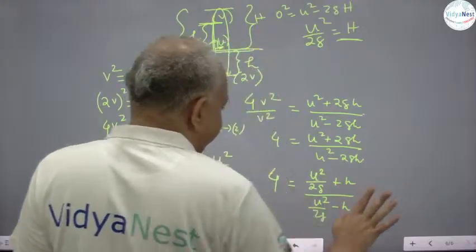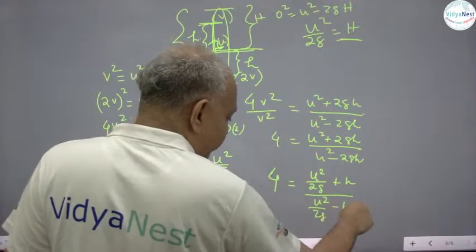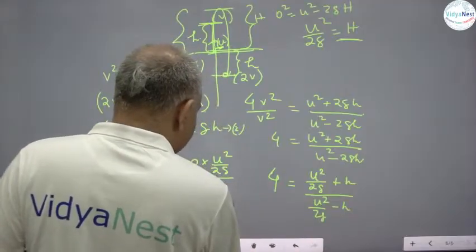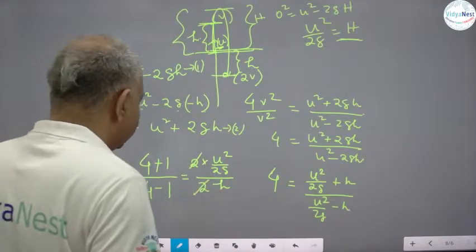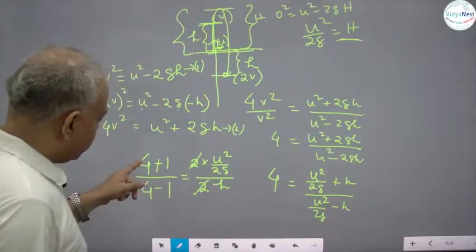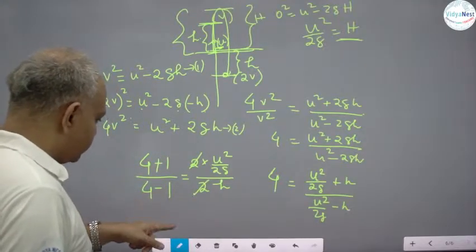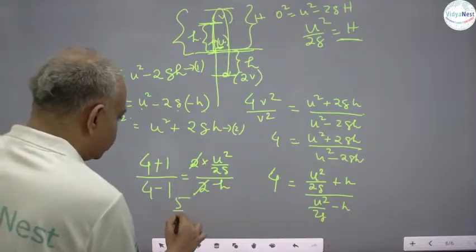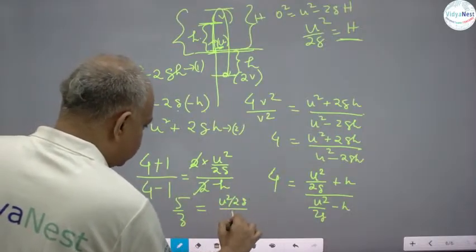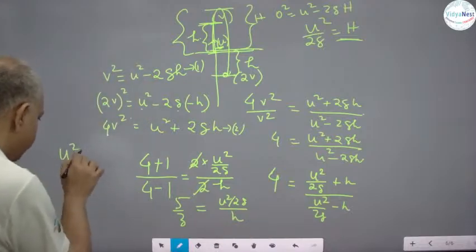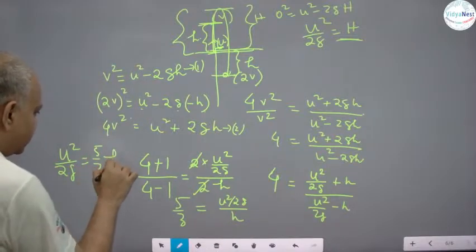So plus h minus h is cancelling out. On top we get 2 into u square by 2g, and below we subtract, getting 2 into h. So 2 cancels out. What relation is going to come? 4 plus 1 is 5, 4 minus 1 is 3. So 5 by 3 is equal to u square by 2g by h. Therefore u square divided by 2g is equal to 5 by 3 h.